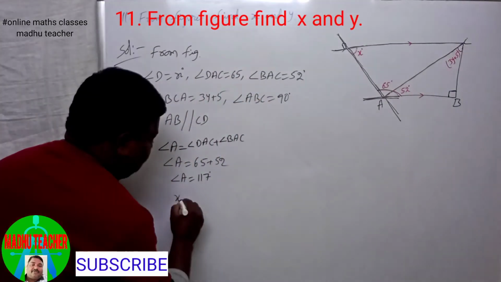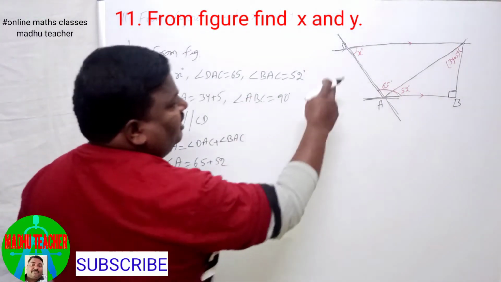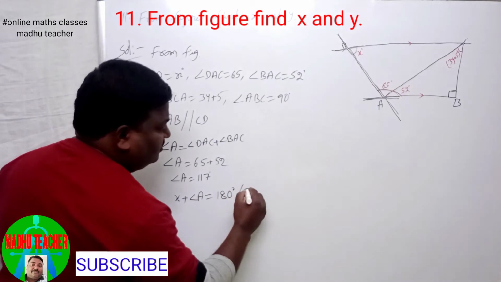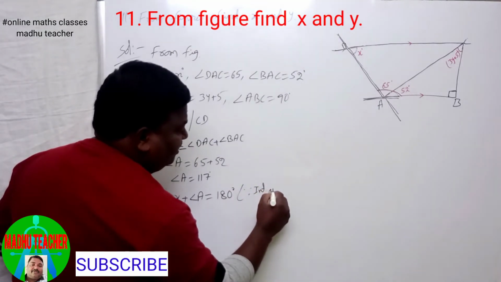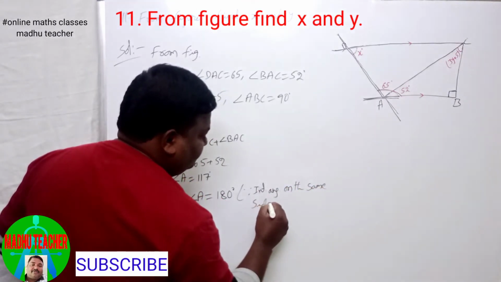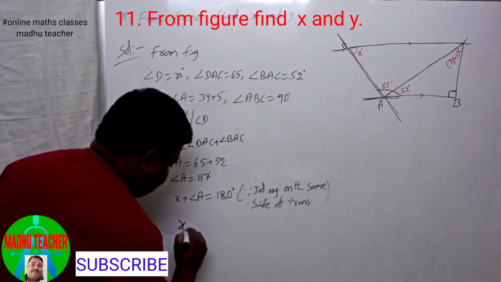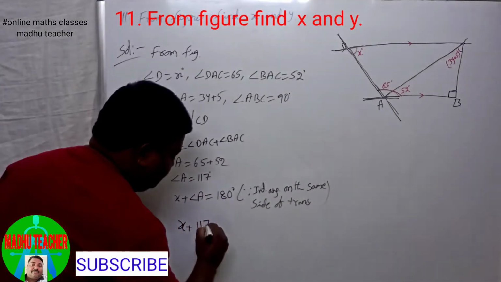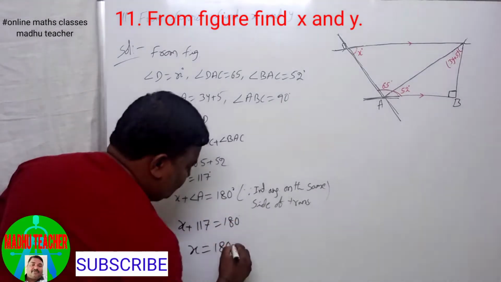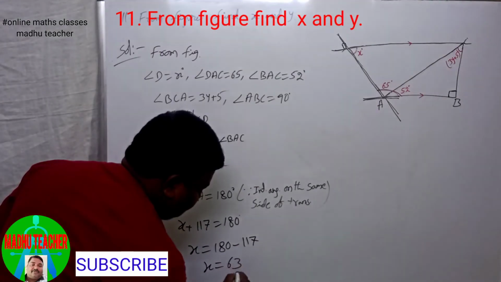Therefore, angle x plus angle A, that means angle BAD, equal to 180 degrees, since interior angles on the same side of transversal. x plus angle A. What is the angle A? 117. x plus 117 equal to 180. x equal to 180 minus 117. x equal to 63 degrees.